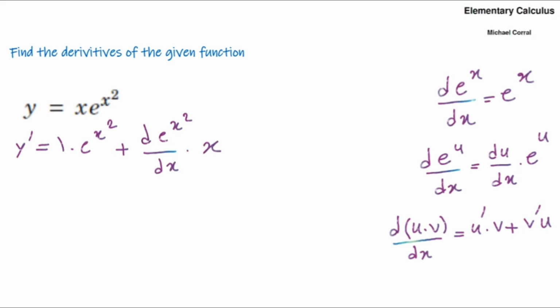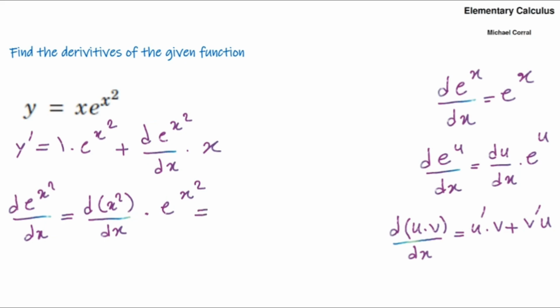And the derivative of e to the power of x squared with respect to x equals the derivative of x squared times e to the power of x squared, and the result is 2x times e to the power of x squared.